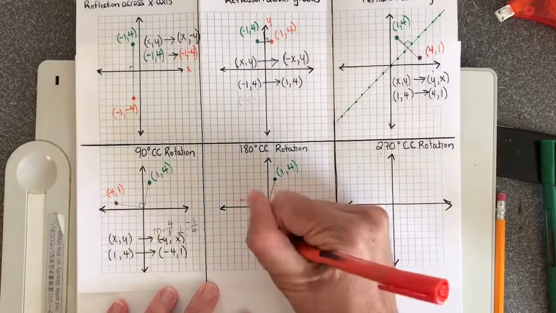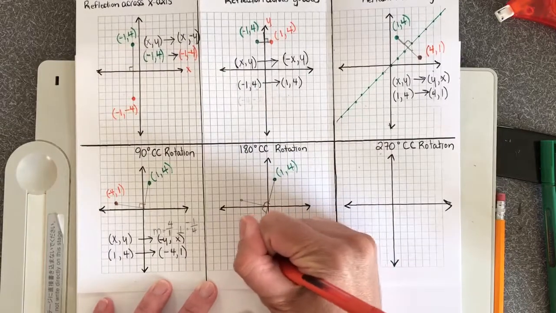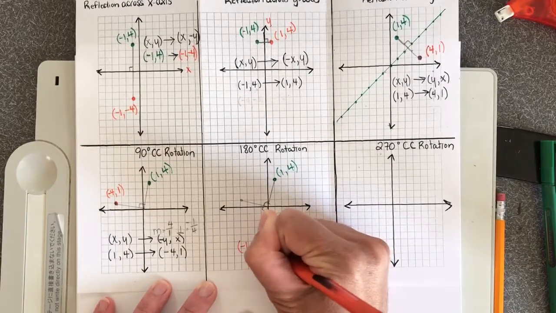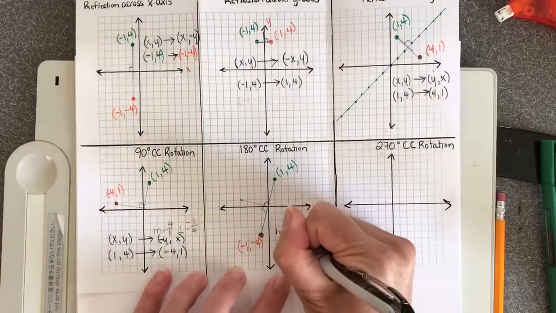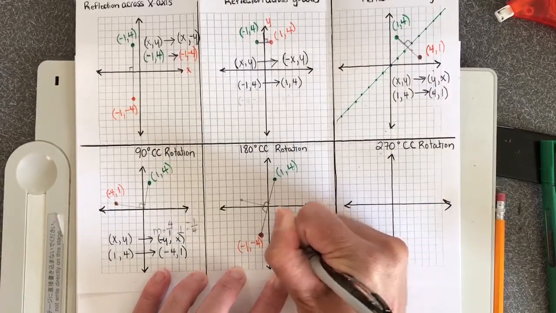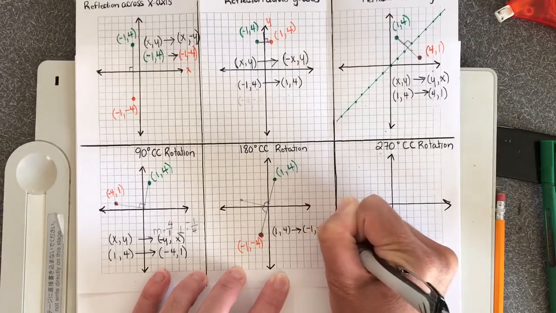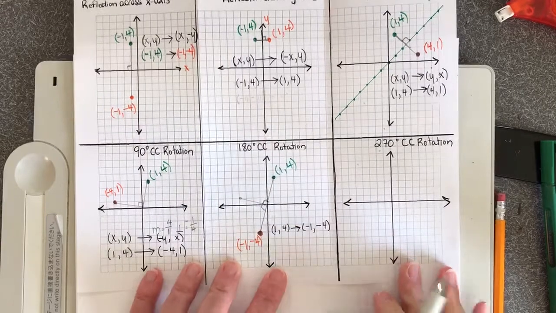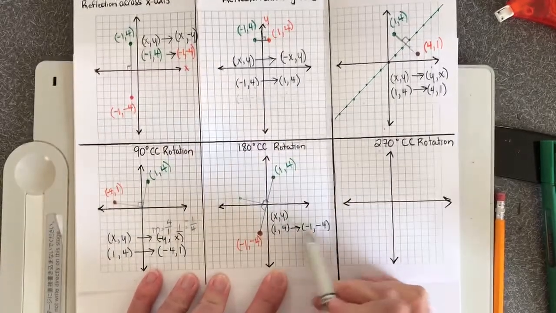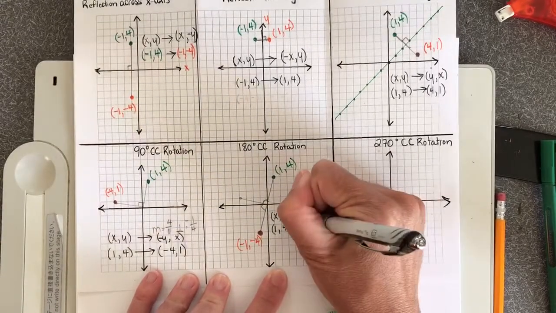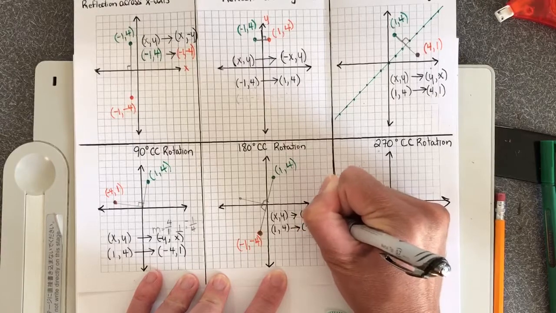So a 180-degree counterclockwise rotation places us at -1, -4. Okay, so let's write the rules. 1, 4 becomes -1, -4. So what happened to (x, y)? Looks like the signs changed on both x and y. So (x, y) becomes (-x, -y), opposite x, opposite y.